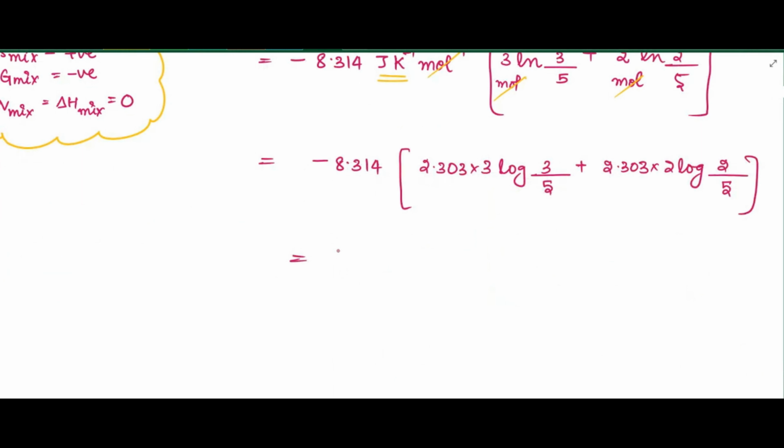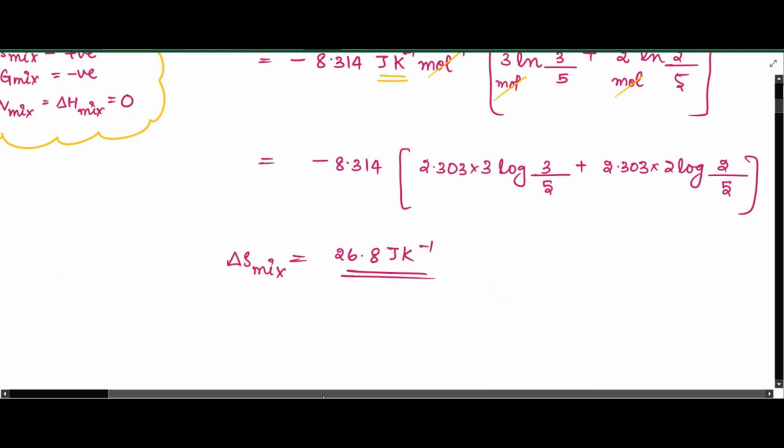Final answer, you're supposed to get 26.8 joules per Kelvin, delta S mix.